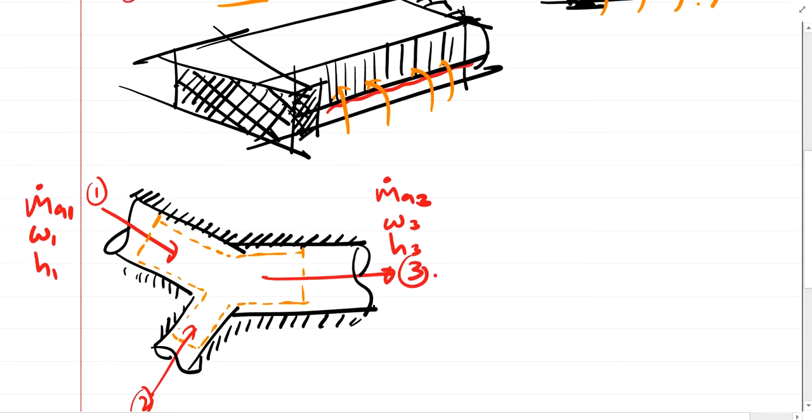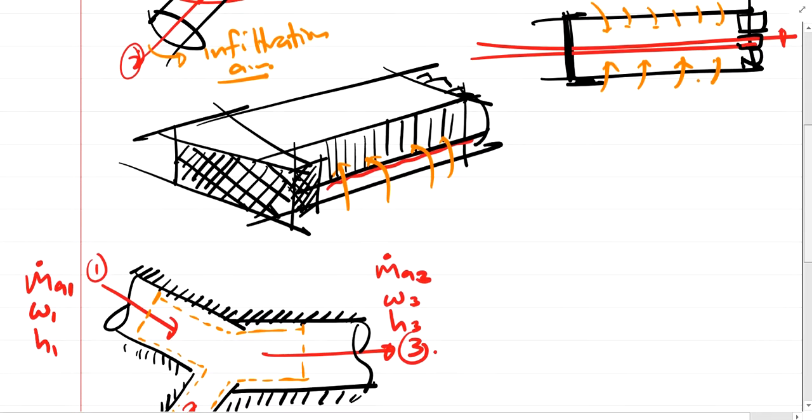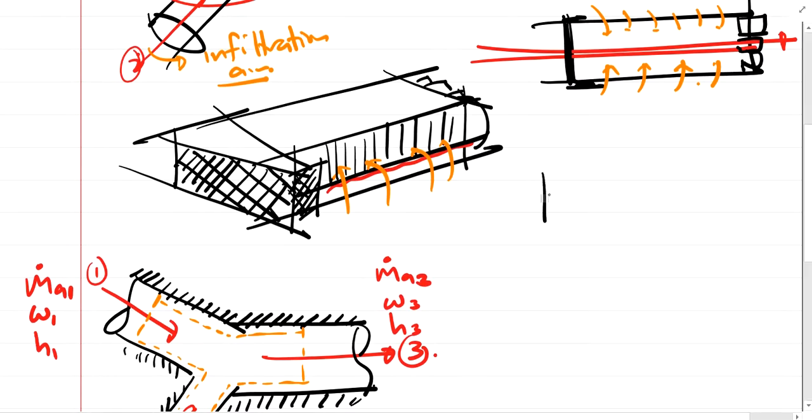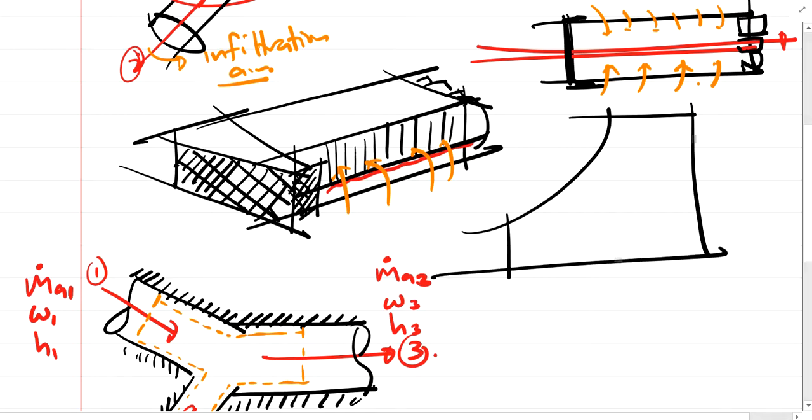If we do a mass balance for this, by the way, if we draw the psychrometric chart for this, it looks something like this. Let's say here's our point 1 and here's our point 2.